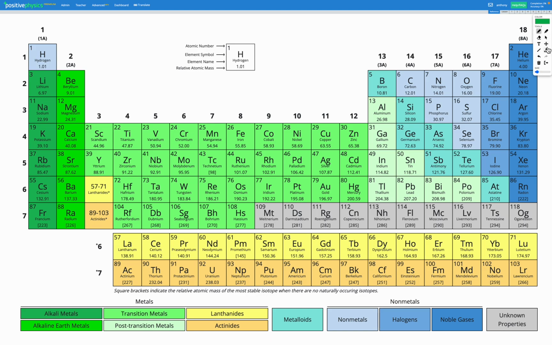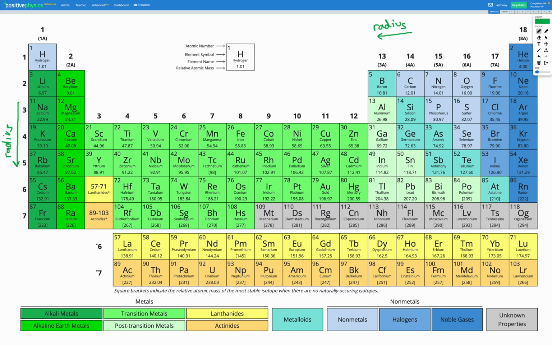So looking at our periodic table, we know that atomic radii increase as we go down the periodic table because we're adding shells of electrons. We also know that they increase going right to left along our periodic table.